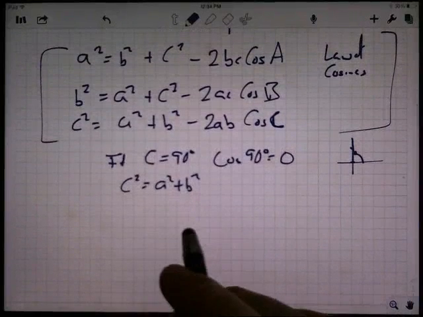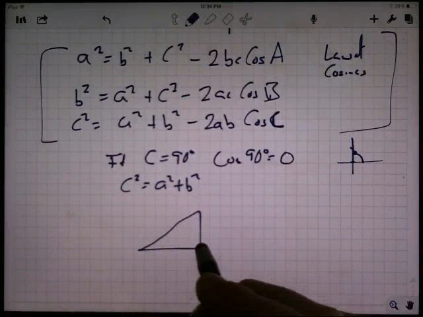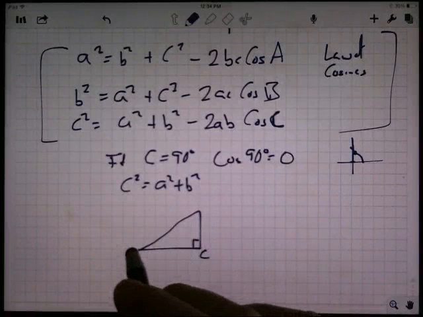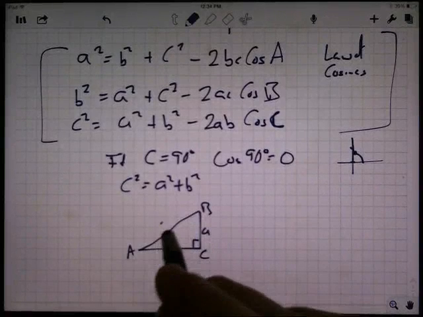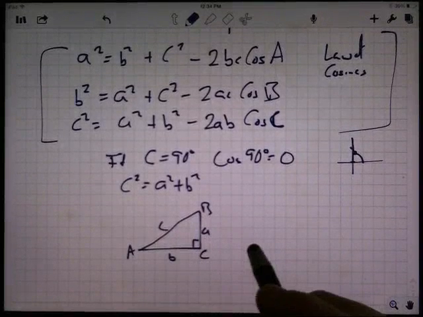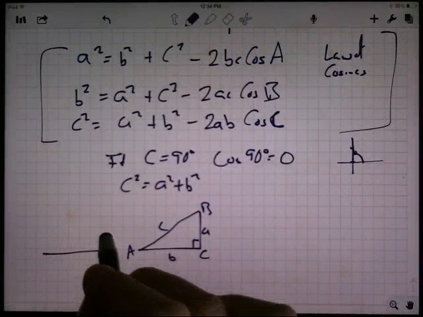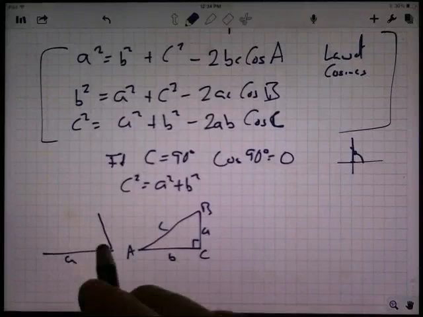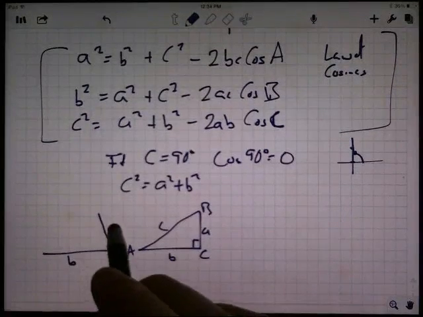C squared equals a squared plus b squared. Right? And the picture that I see here is like this. If angle C here is a right angle, this is a and this is b, right? Then a squared plus b squared is c squared. If, however, the angle C is smaller than 90 degrees, keep the same length b and this a, right?